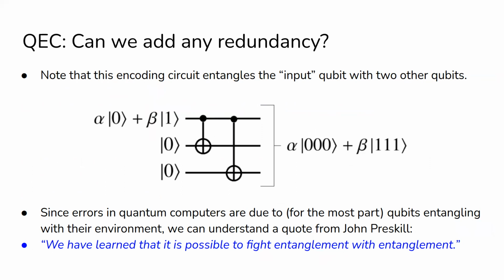Well, as I said at the start, noise in devices is due to unwanted interactions with the environment. So we can say the computer is becoming entangled with the environment. That's the first entanglement here. And then if you think about this encoding circuit, what we're doing is we're entangling the input qubit with these other 2 ancillas. That's the second entanglement. And so we know what he means now. We're fighting entanglement with entanglement.